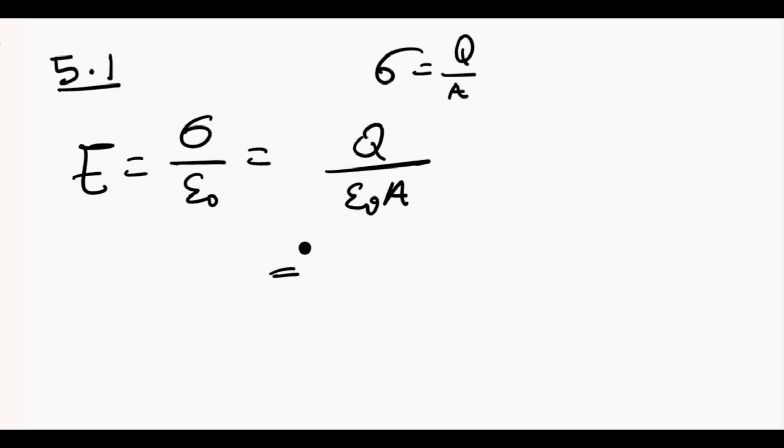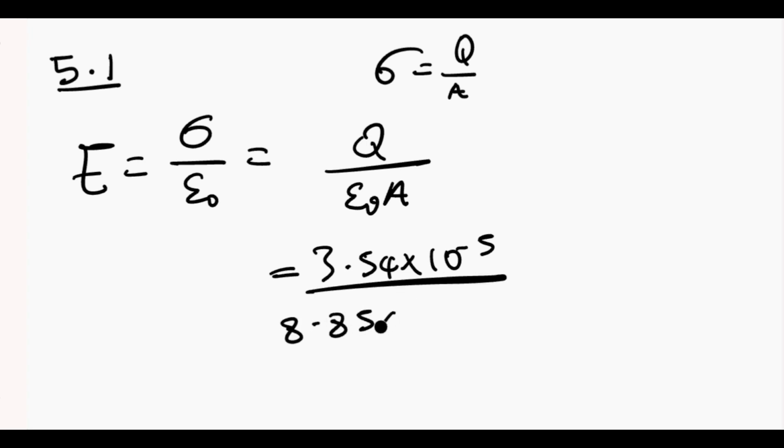So our charge we got was 3.54 times 10 raised to power minus 6, all over our epsilon, 8.85 times 10 raised to power minus 12, then we have 2.0 meters square. So when you put this in your calculator, what will you have?